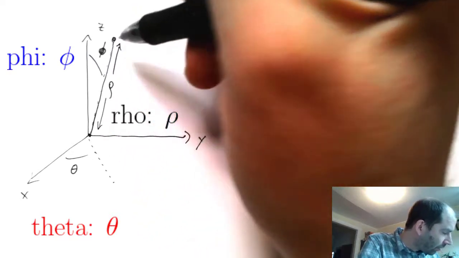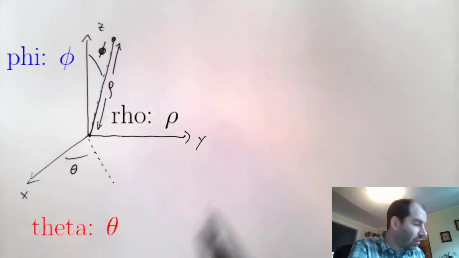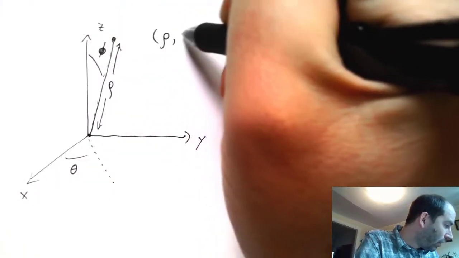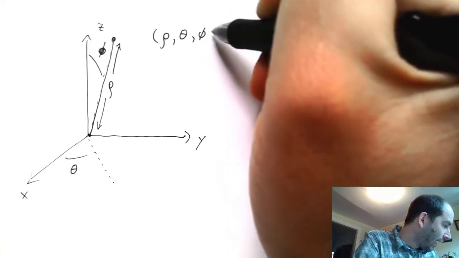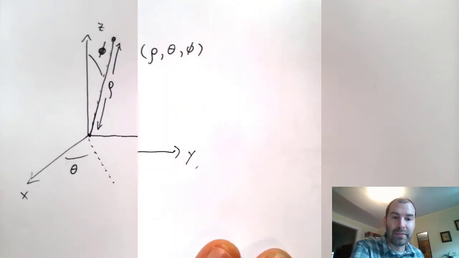That's the Greek letter rho. Those three parameters tell us where a point is in space. So the coordinates in spherical coordinates are given by rho, theta, and phi. If I give you those three numbers, you'll know exactly what point we're talking about.